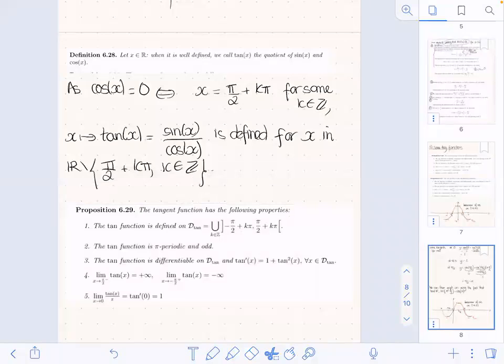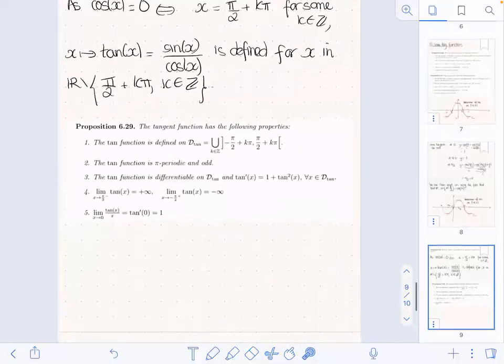The definition domain that we've just stated can be rewritten like this. We take the union of all of the open intervals in R that are between two values that write like this. We can prove that the tangent function is pi periodic and odd. To do that, you show that tangent of x plus pi is equal to tangent of x.